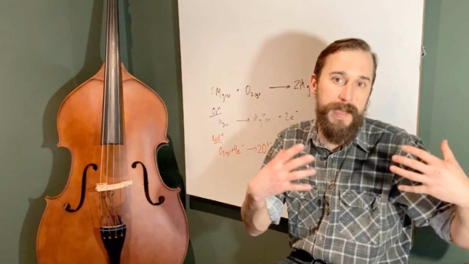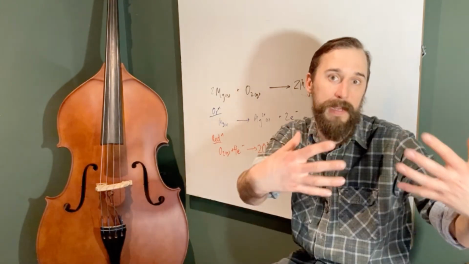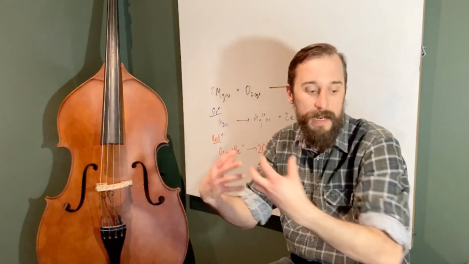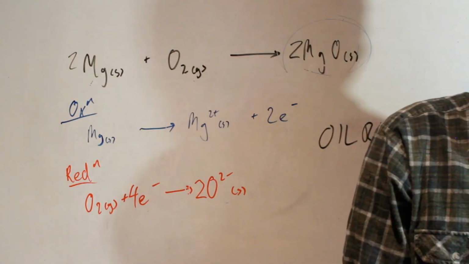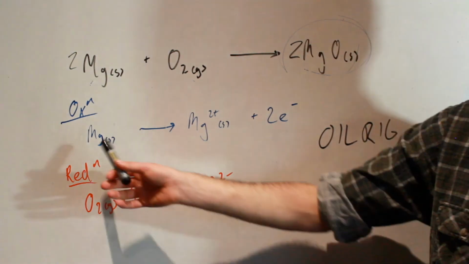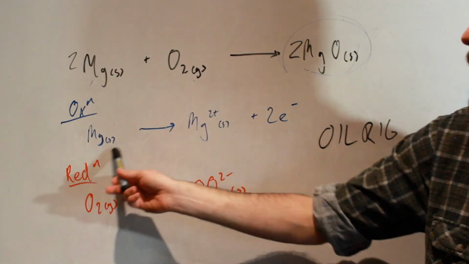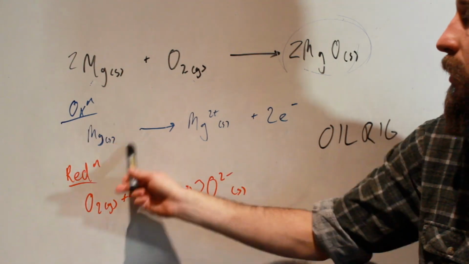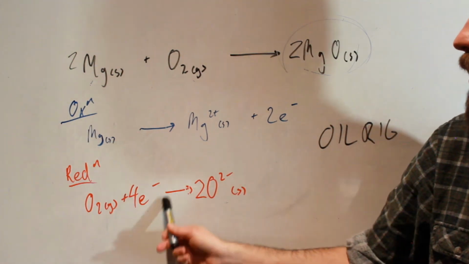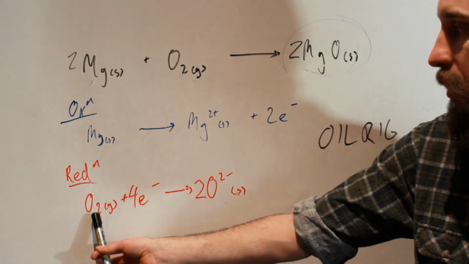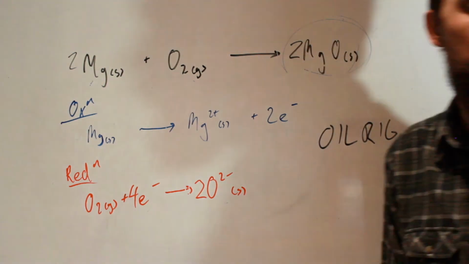The electrons from the species that's being oxidised are the electrons gained by the species that's being reduced. So if I look over here, the electrons coming from the oxidation when it loses them are these electrons that are coming to the oxygen when it gains them.